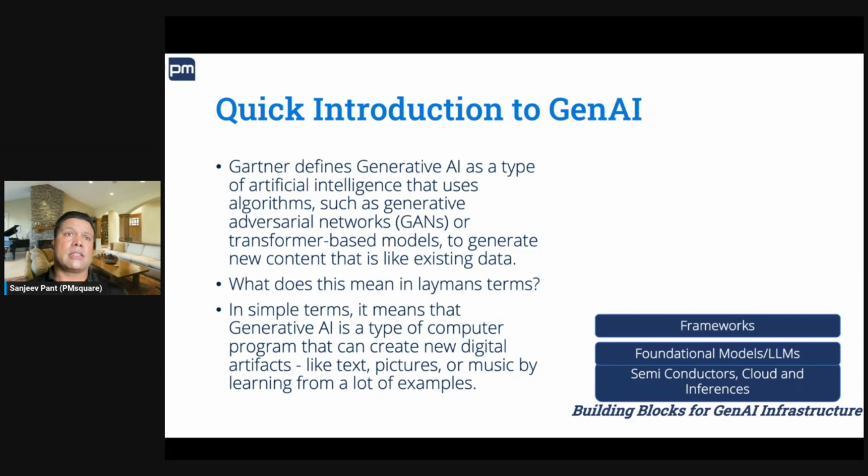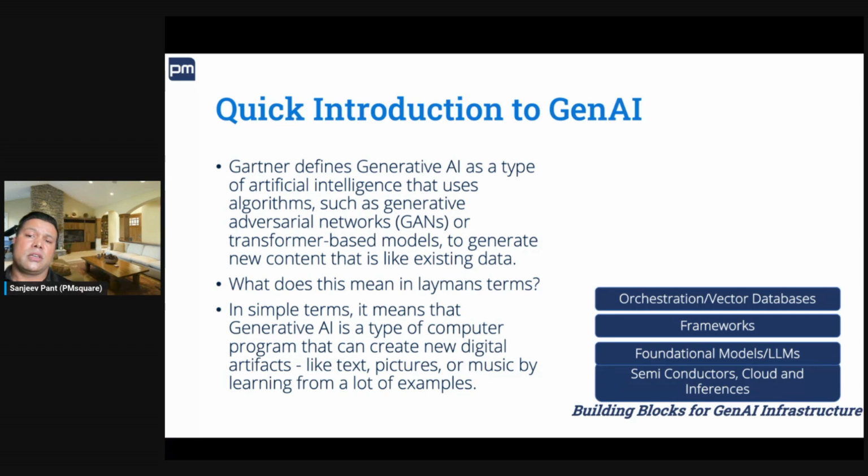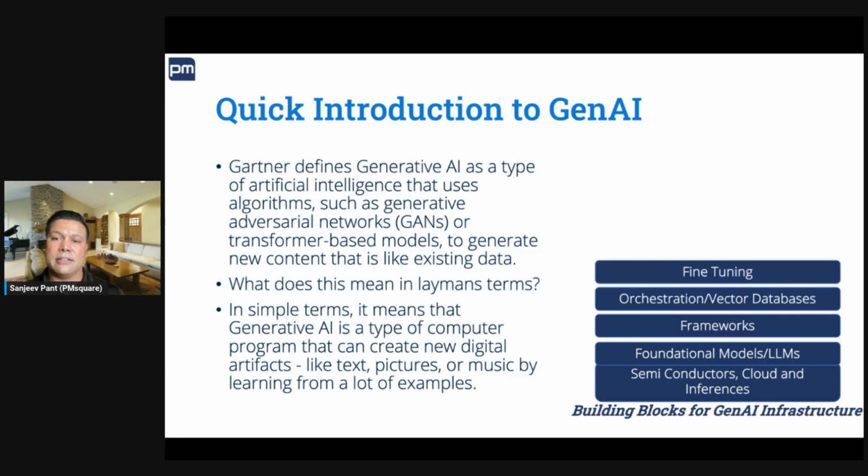Frameworks, things like how you want to build it out, Python, TensorFlow, to name a few. Orchestration and vector databases: how do you use orchestration and vector databases to create RAG models, which are more tuned to a specific customer's need?